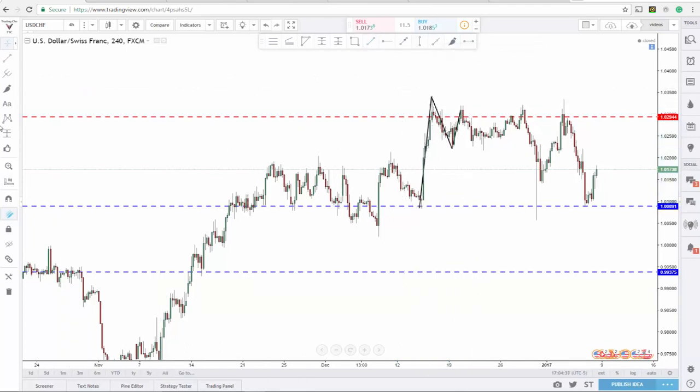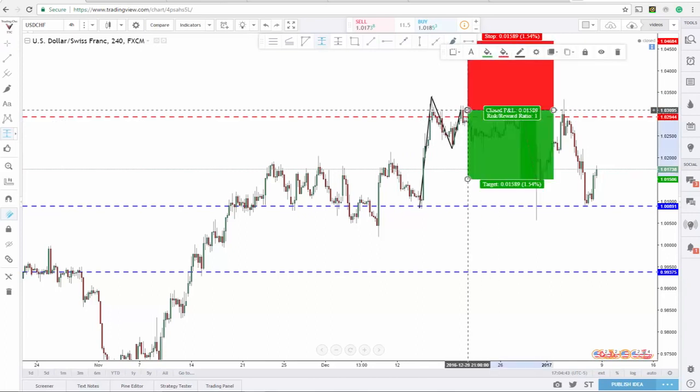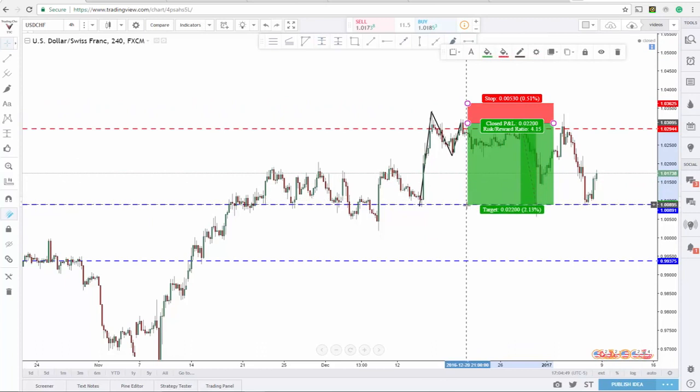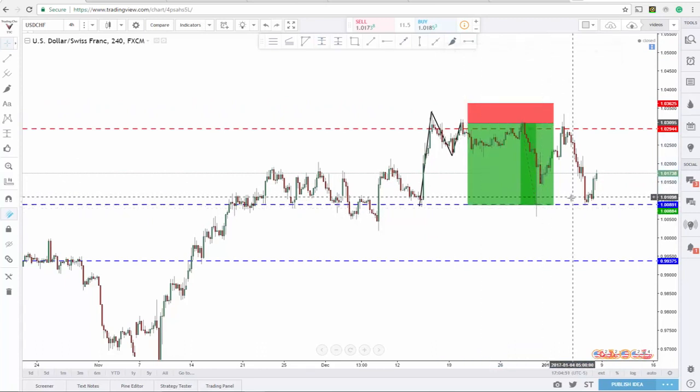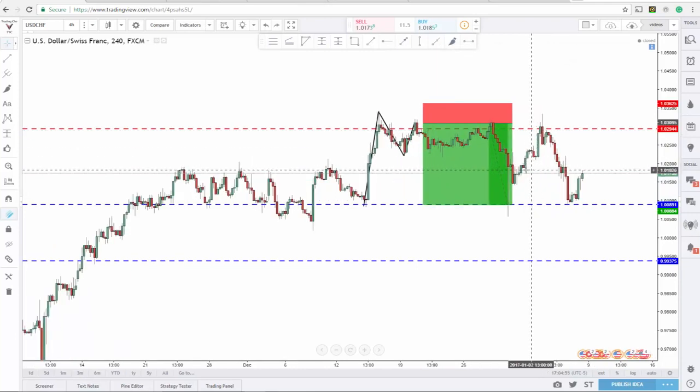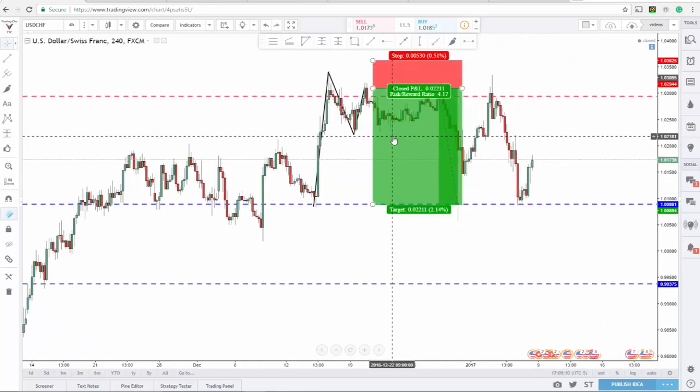So with that being the case, an entry on this specific trade may look something like this, with stops above the swing high, and with that wick all the way down to our previous level of structure, a 4.17 risk reward opportunity, and around a 221 pip drop from that significant level that we pointed out last week.